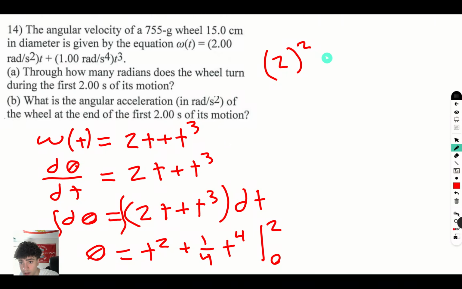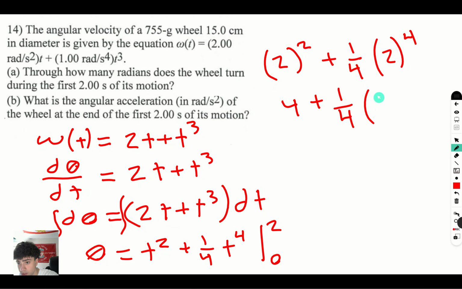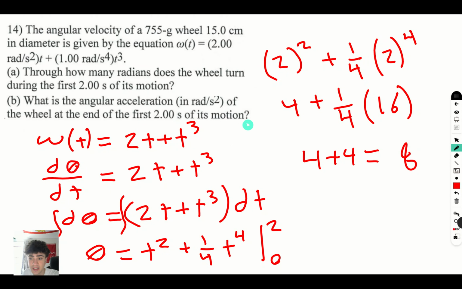So we get 2 squared plus 1/4 times 2 to the power of 4. 2 squared is 4, and we have 1/4 times 2 to the 4, which is 16. 16 times 1/4 will give us 4, so 4 plus 4 is going to give us our radians, which is 8, meaning that the wheel has turned 8 radians in the first 2 seconds of its motion. And the units for this would just simply be radians.